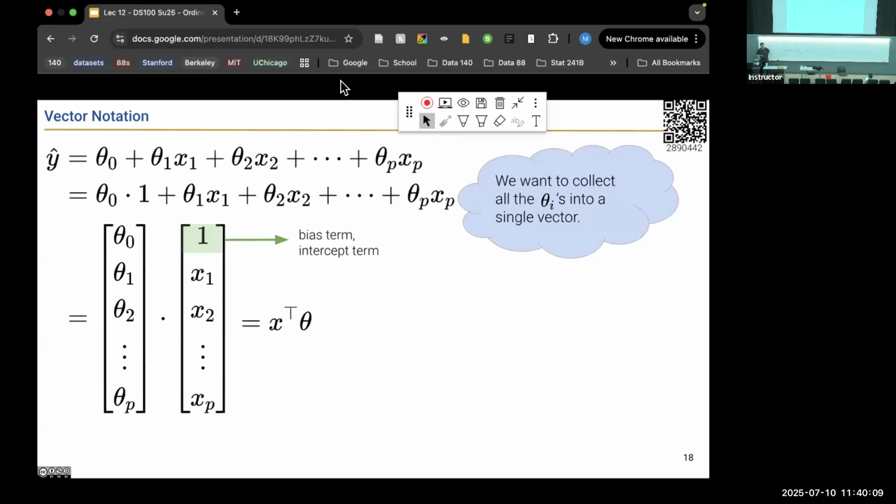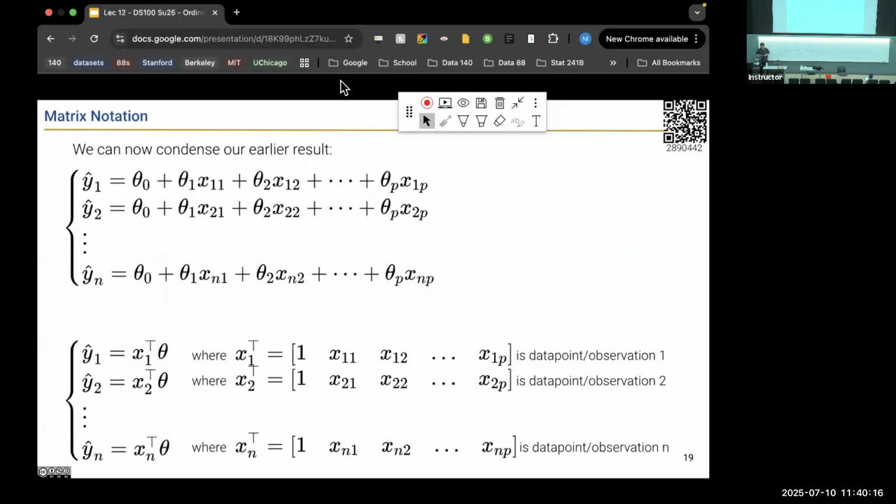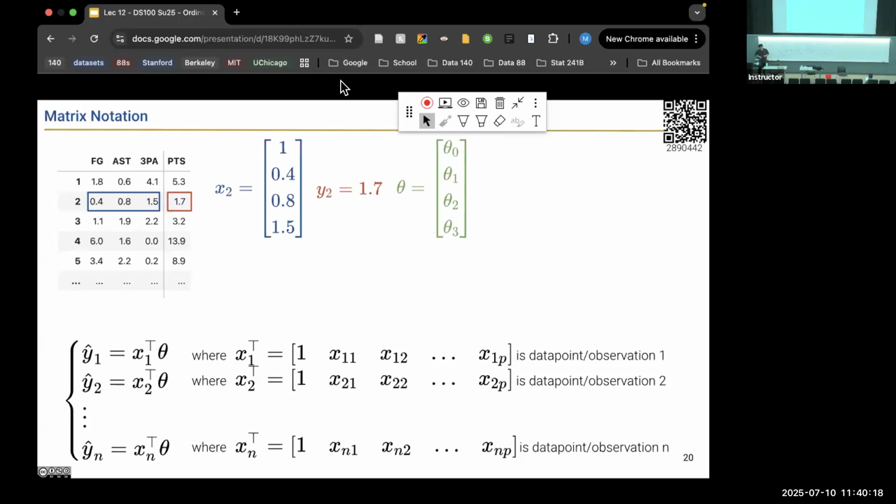So implicitly, I'm multiplying theta naught by 1 in the linear combination. It's often easy to forget that 1 when you put these in a matrix, but weird things start happening when you don't put in that intercept. We'll see a little bit of intuition on that later today.